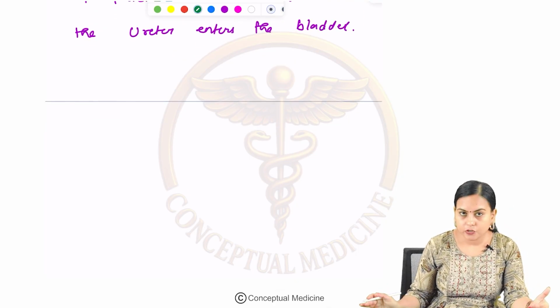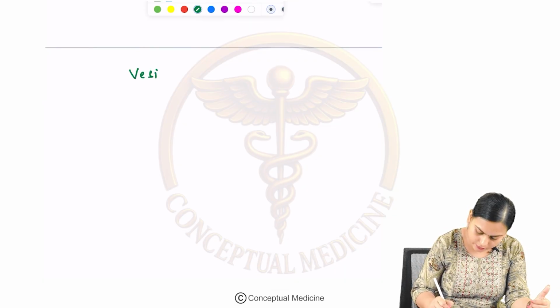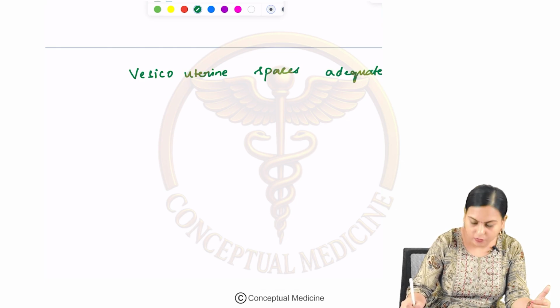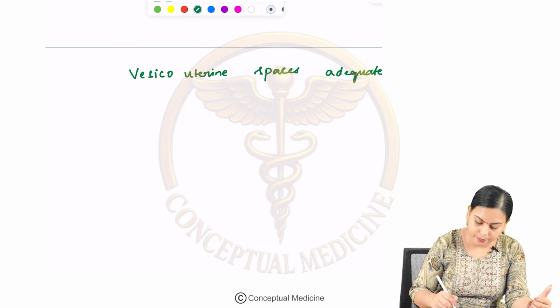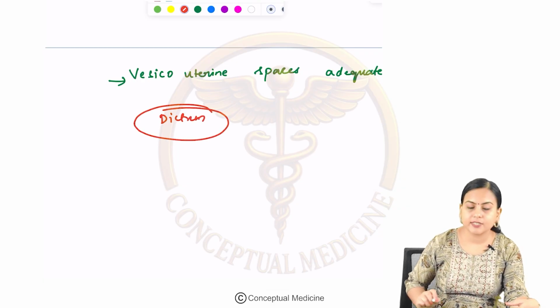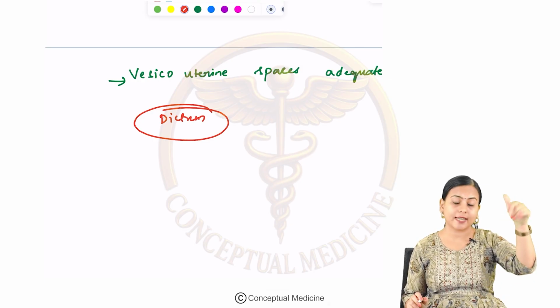So, you should always separate the vesico-uterine spaces adequately before applying the uterine clamp. So, the dictum that you should follow during hysterectomy is you should identify the ureter along its entire length.